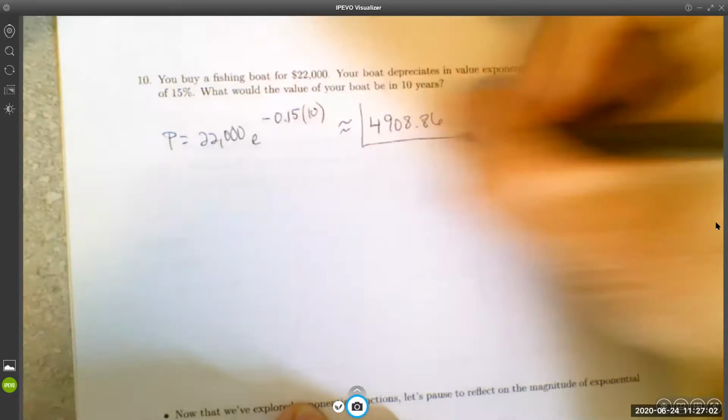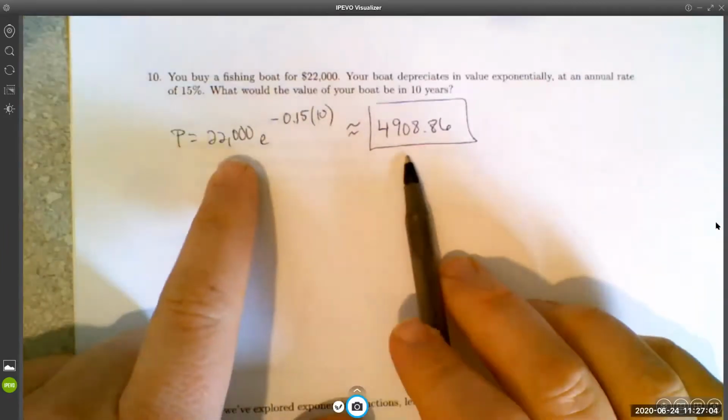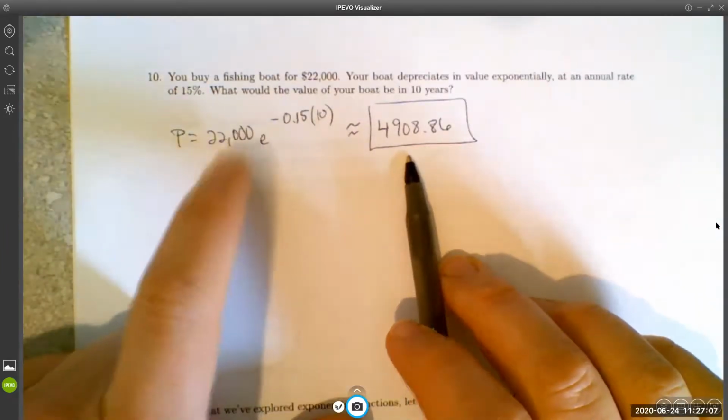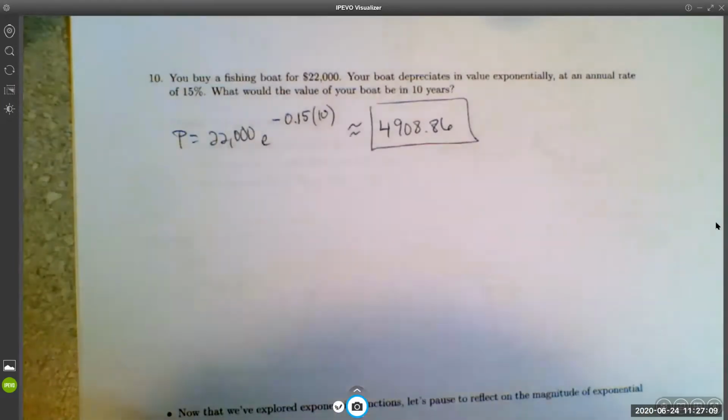So it's worth about a quarter of what it was worth when you bought it 10 years prior. That seems pretty accurate.